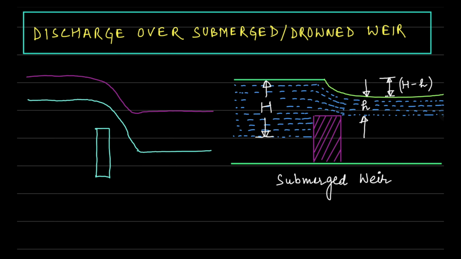This is an unsubmerged weir, and this is your submerged weir.